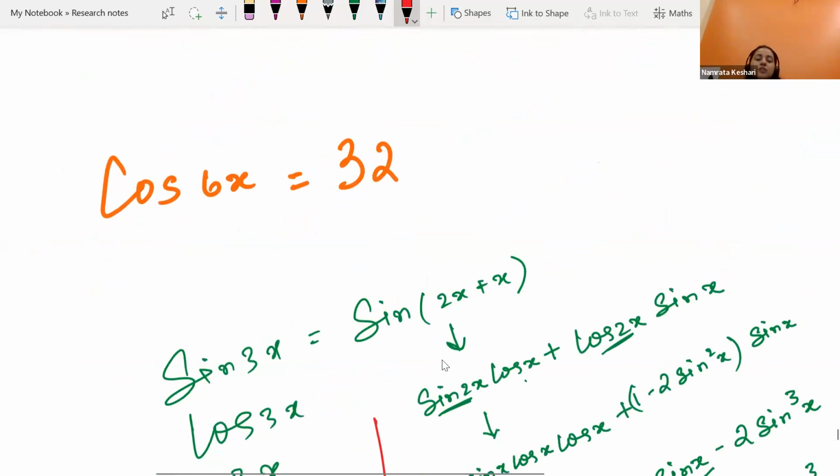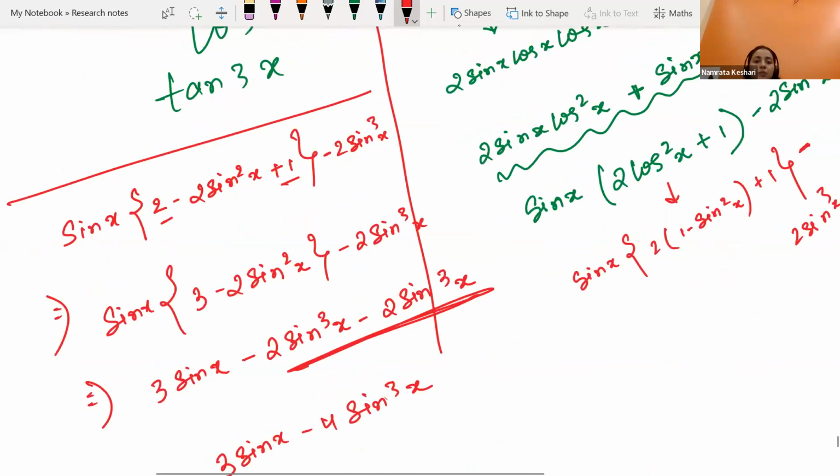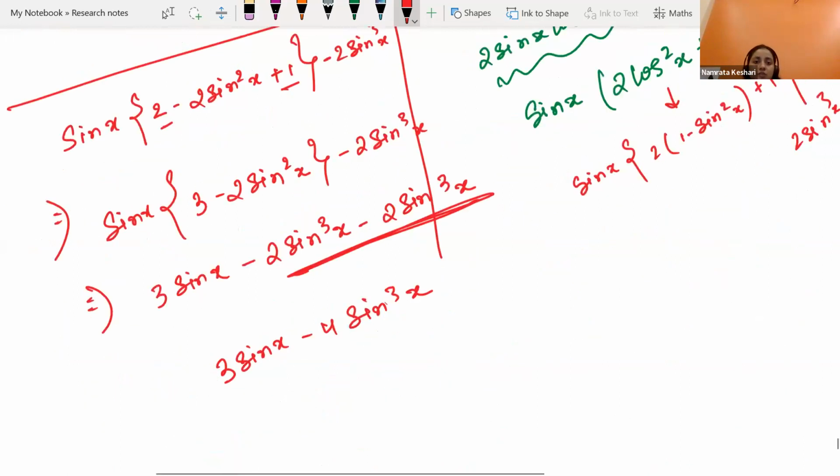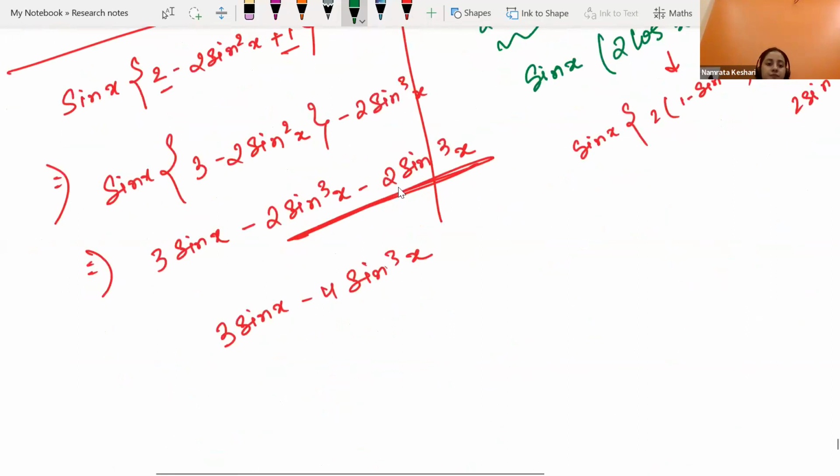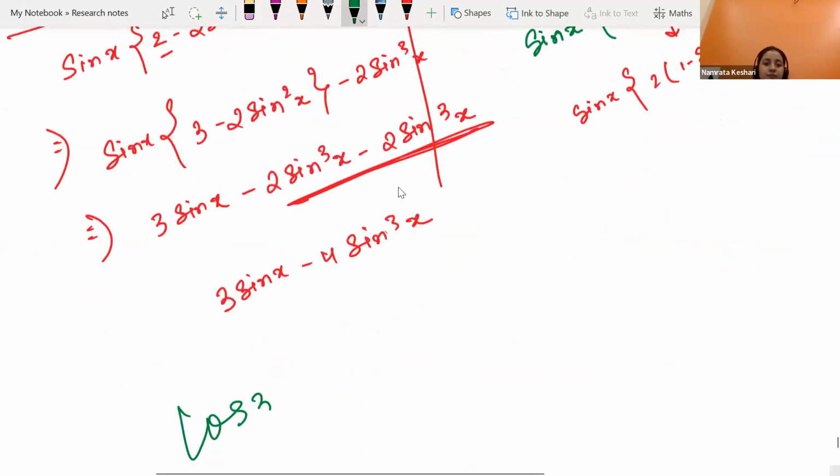Practice the questions first. Now what about cos 3x? cos 3x will be just the reverse way of this one. Just a second, let me confirm once.